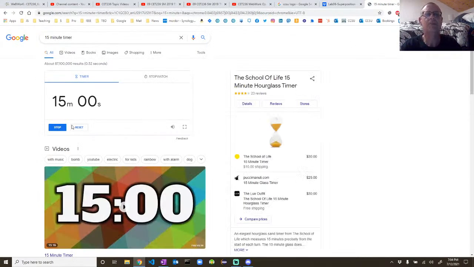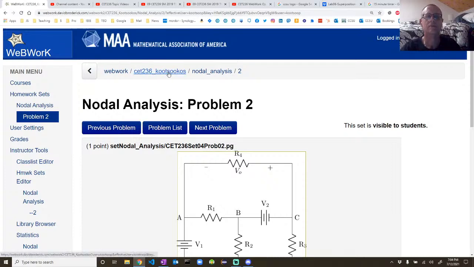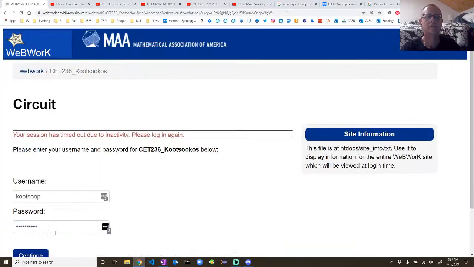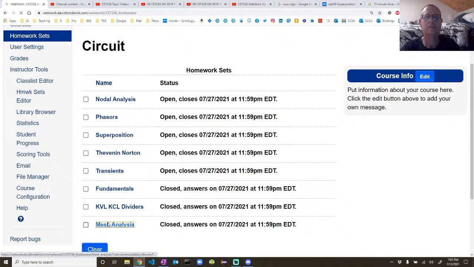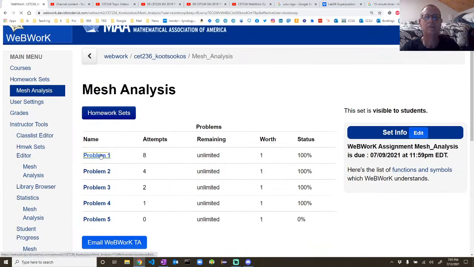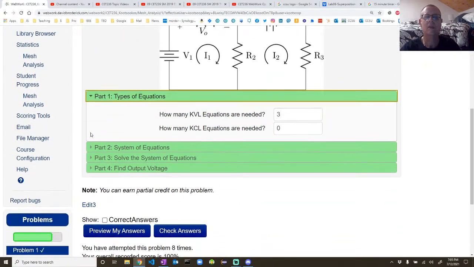Professor? Yeah, what's up? I know this is off topic, but in homework 3, I believe it's question 3 when it asks for the I_R1, the I_R2. For problem number 1 on the mesh analysis, is it just looking for the formulas like I1 minus I2 equals 0?